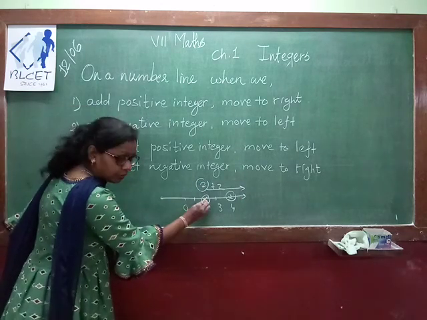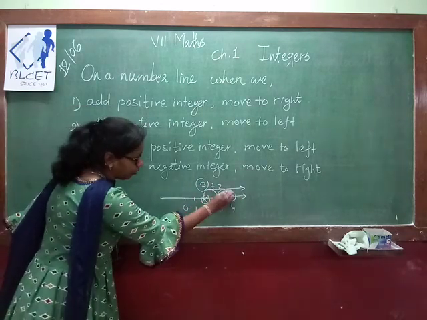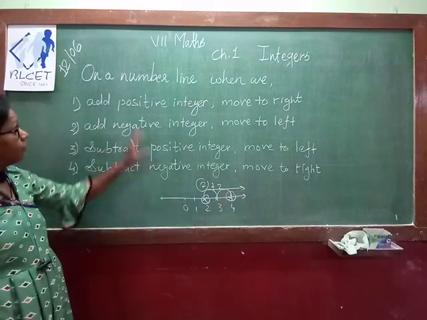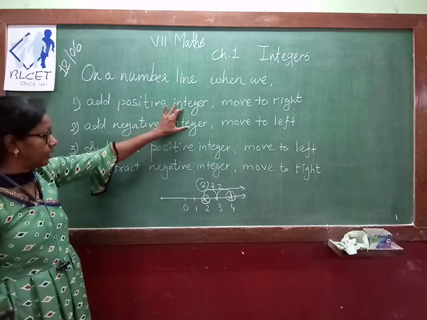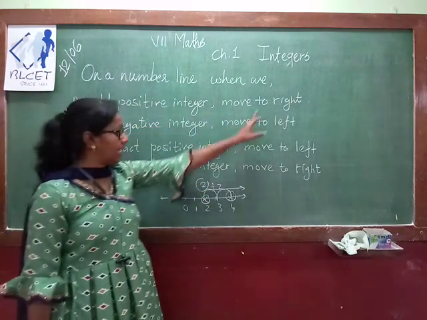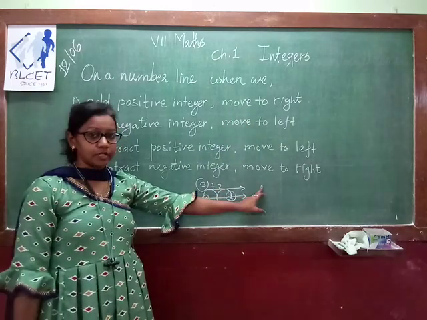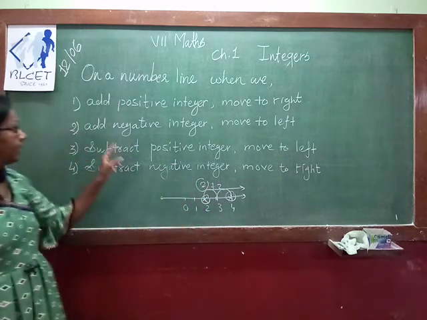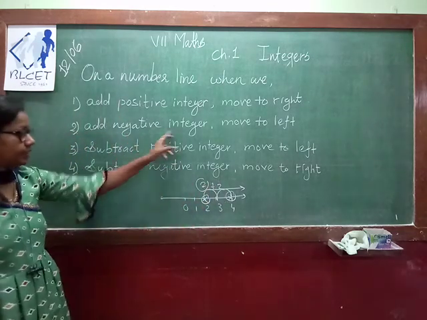First we have to mark 2, then how many steps do we move? 2 steps in the right direction, so we get 4. So when we add a positive integer, plus 2 is a positive integer, move to right. How many steps? That is mentioned. Okay.